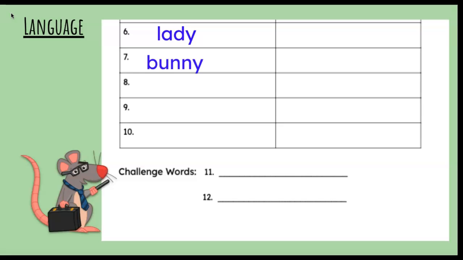Number 7, bunny, bunny. Remember, please stop the video and write down each word as we do it. Dry, dry. Number 9 is hurry, hurry. Number 10, marry, marry.